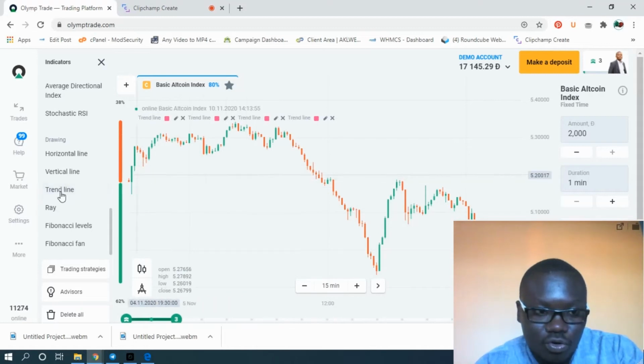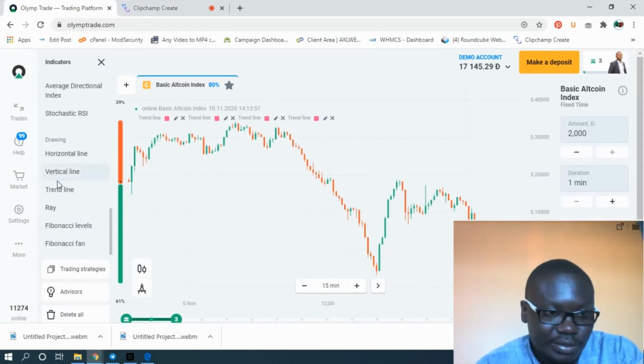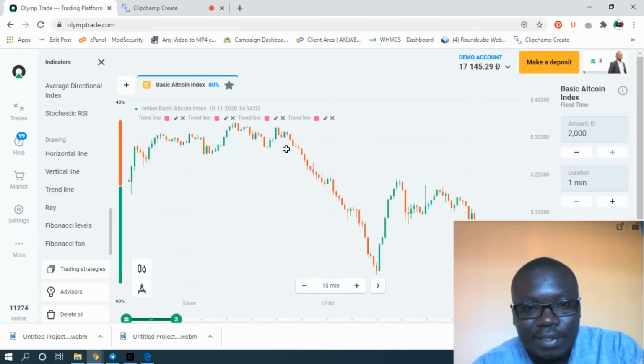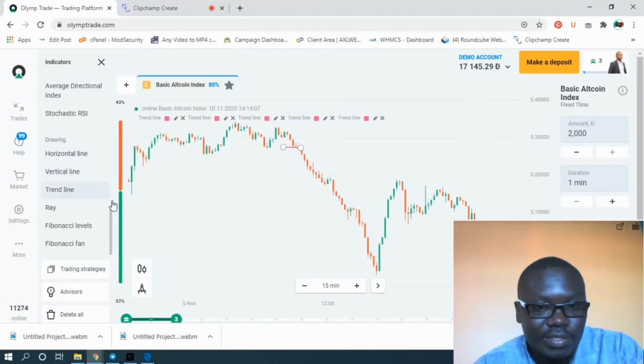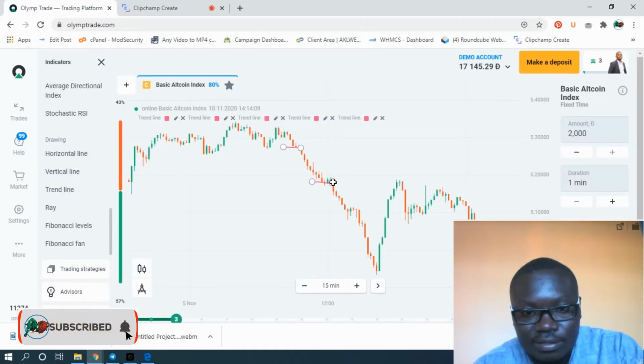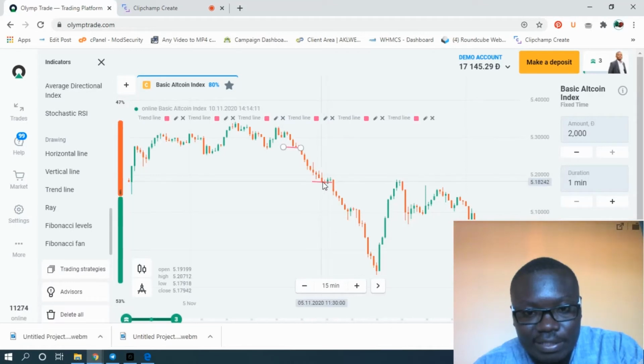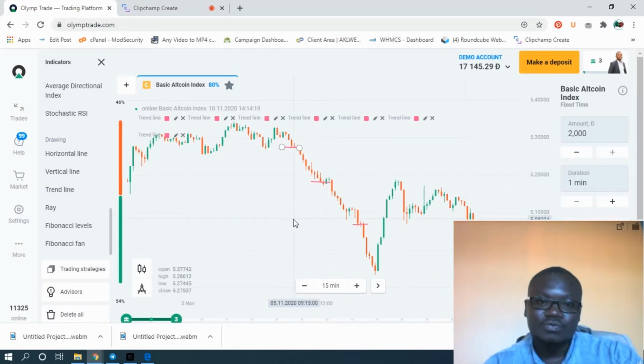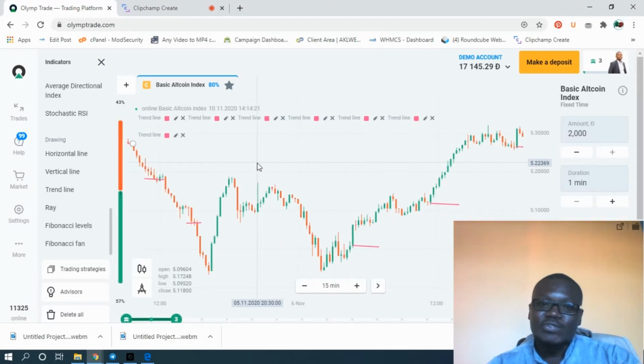You look for swing points on the lower side, so we can just take the trend lines again and draw those swing points. So that is one. You can create another one here, another here, as you continue to go. So that is it.